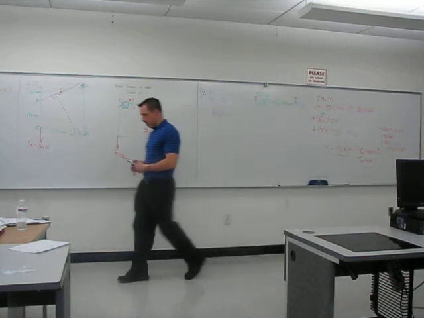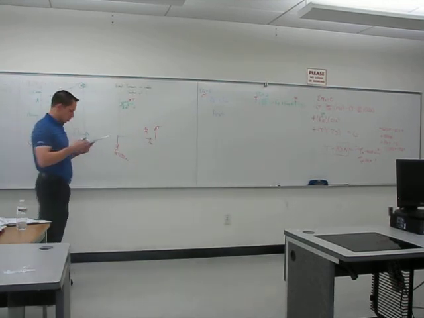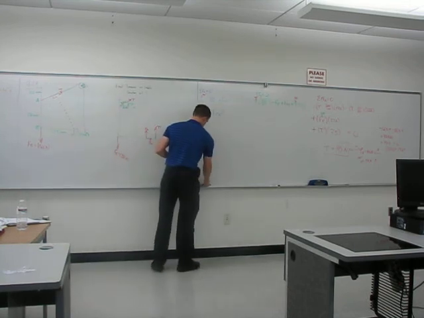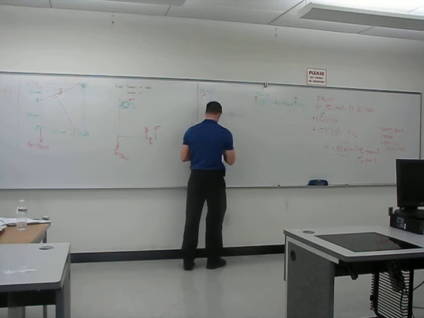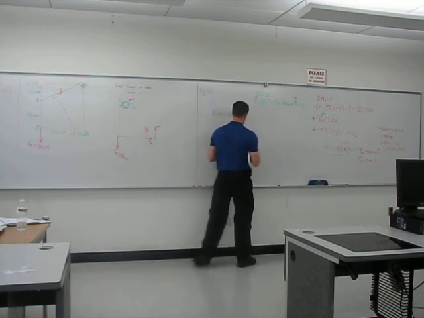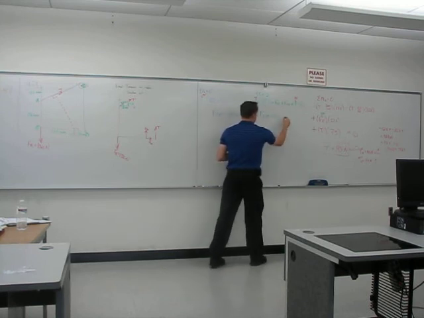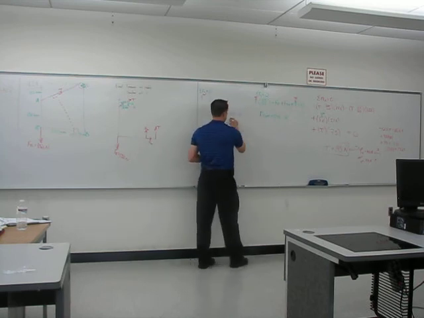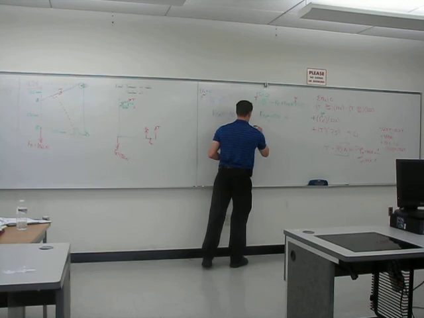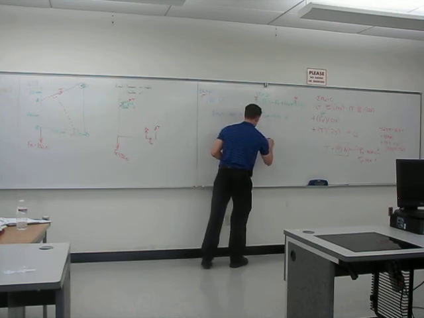But how about FCX? Did we solve for that one? Negative 180. Negative 180? And FCY? Negative 120. Negative 120? Okay. Now, just like we did before, you're going to want to take these two results and find your magnitude. So negative 180 squared plus negative 120 squared.